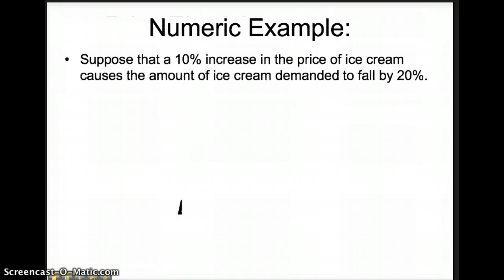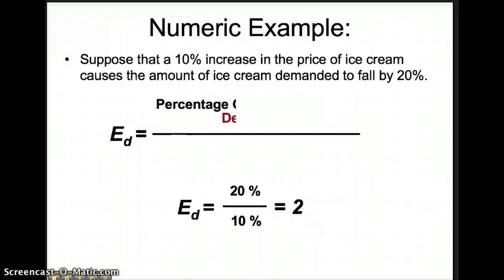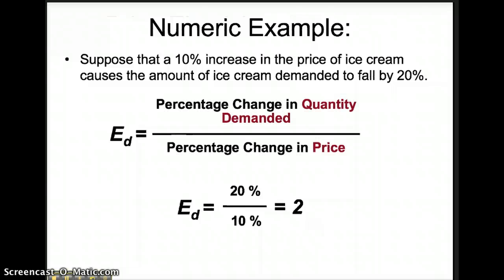Let's go through a quick numeric example. Suppose that a 10% increase in price of ice cream causes the amount of ice cream demanded to fall by 20%. When I work on math problems, I like to write out the formula before I do anything. Price elasticity of demand equals the percentage change in quantity demanded divided by the percentage change in price.